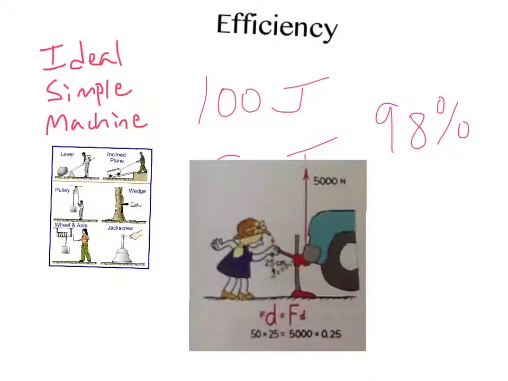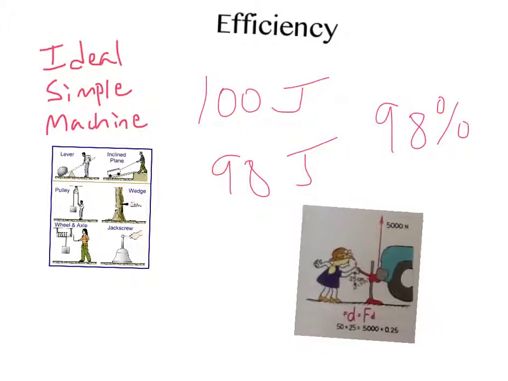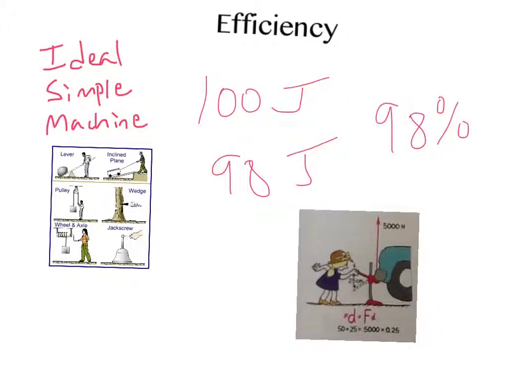Now, if say this girl doing the jack here puts in 100 joules of work and increases the potential energy of the car by 60 joules, well then that jack is only 60% efficient. 40 joules of her input work has been applied against friction, making its appearance as thermal energy.